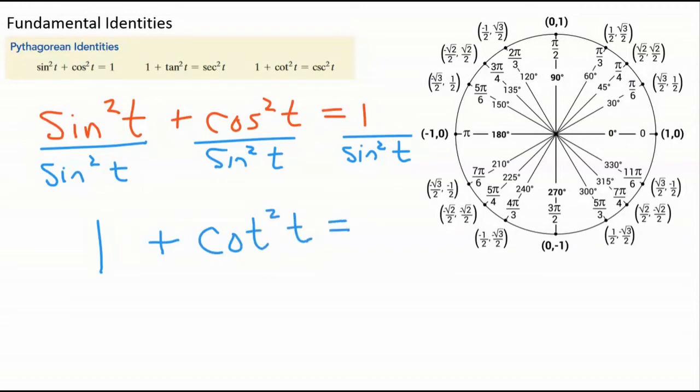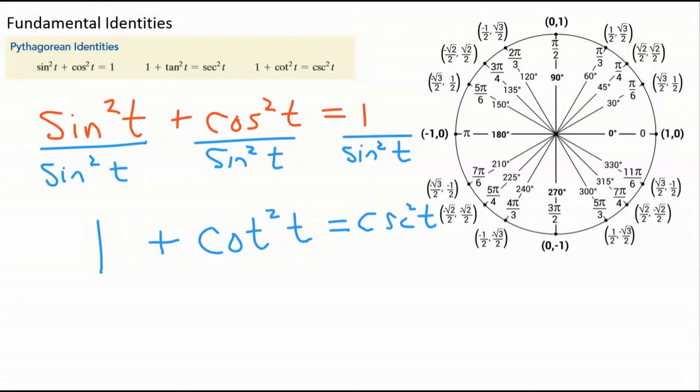Finally, using the reciprocal identity, I know 1 over sine of t is cosecant of t. But I have it twice because sine is written twice down here, sine of t times sine of t. So that's going to be cosecant squared of t. And that gives me my third identity, actually in the same order.